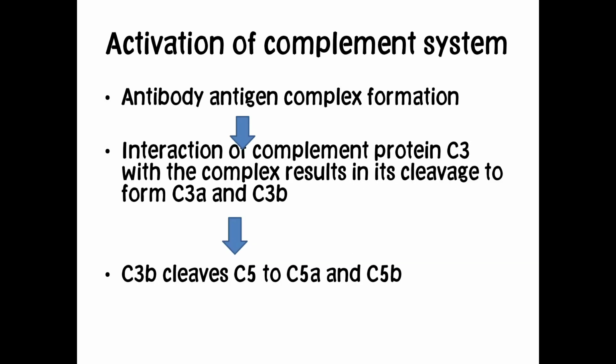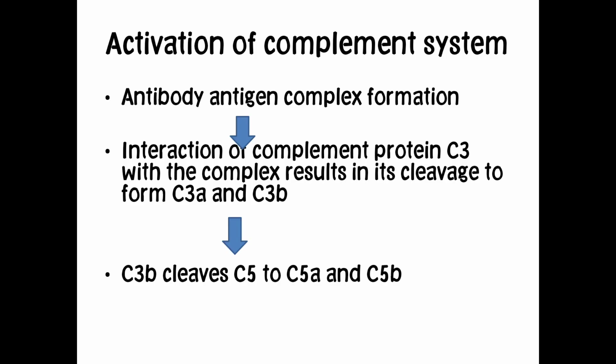Let's start with activation of the complement system. When immunoglobulin type G and type M bind to a given antigen, which can either be extrinsic or intrinsic, they interact with some types of complement proteins. For example, when the antigen-antibody complex has been formed and comes into interaction with complement protein type 3, it causes activation and cleavage of this complement protein into two molecules, that is C3a and C3b.